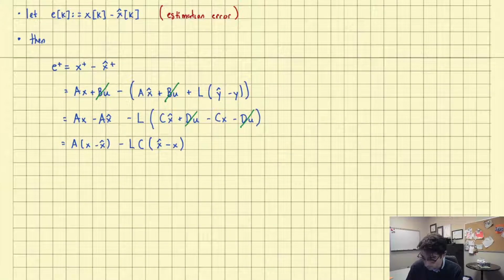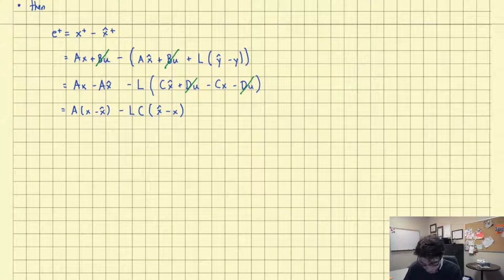Let's write that in terms of the estimation error, E. So this is actually equal to E, and this term is equal to negative E. So let's plug in E over here and negative E over here. And when you do that, you get this.